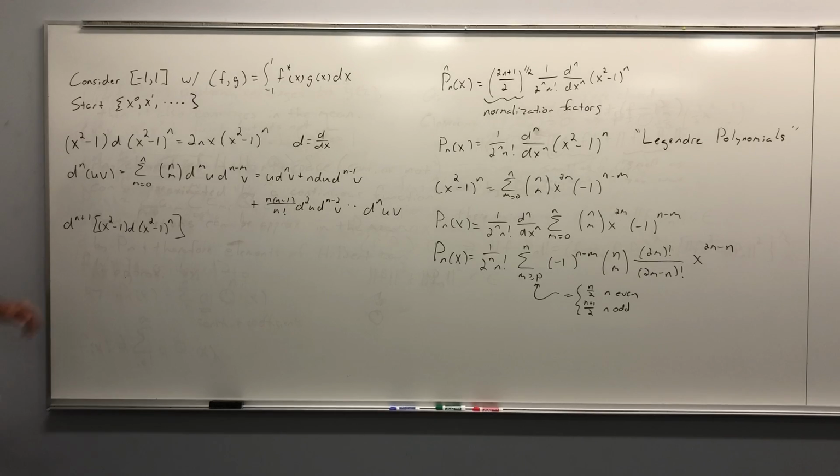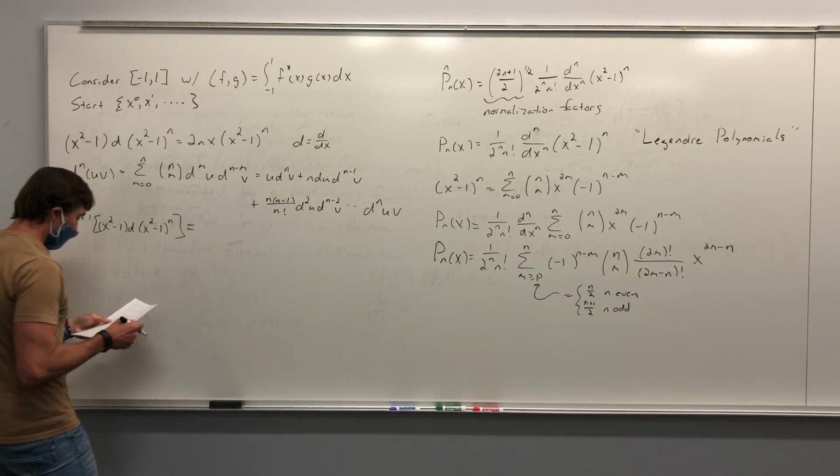Again, I want to take the n plus 1st derivative of both sides of this. They're still going to be equal. And in writing down what that derivative is going to give us, we're going to use the Leibniz rule. So here we go, on the left.